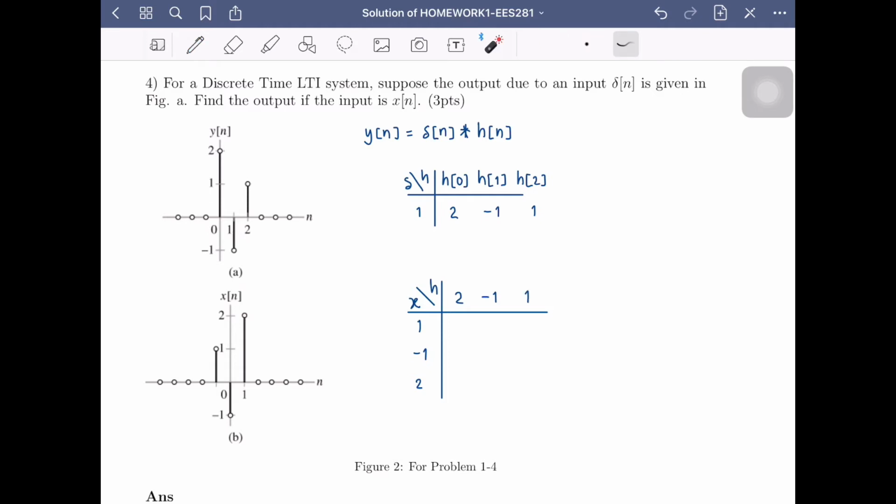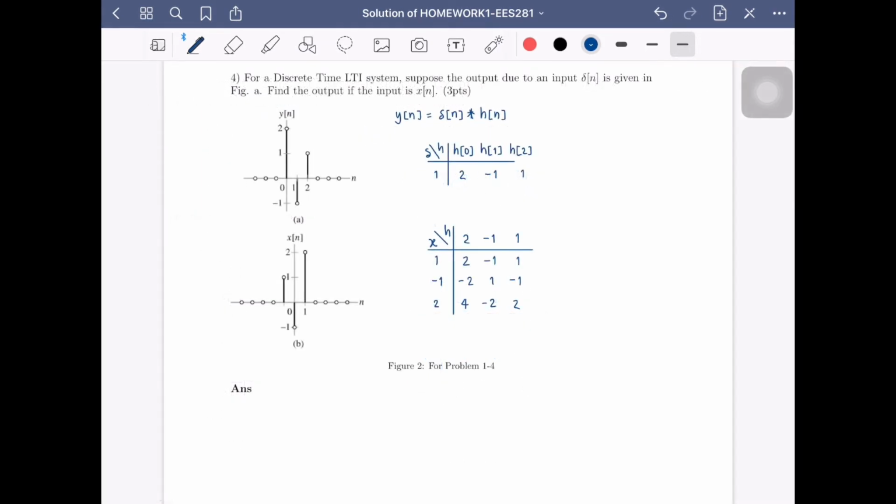Then we multiply like this, and we got 2, -1, and 1. Then we multiply like this, so we got -2, 1, and -1. The last one we got 4, -2, and 2.